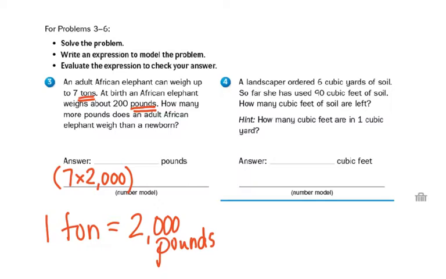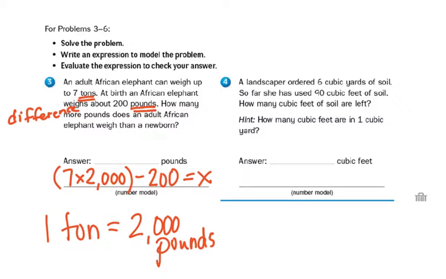So at birth, an African elephant can weigh about 200 pounds. How many more pounds does an African elephant weigh than a newborn? So we're figuring out a difference here. If you're ever figuring out how much more something weighs, we're going to subtract the 200 pounds. And here we're going to solve. So I'm going to just put x. So let's go ahead and solve.